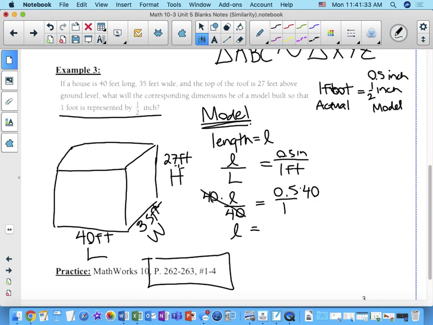So do that on your calculator and tell me what you get. 0.5 times 40 divided by 1. What is that? 20. What should the units be if it's the model?